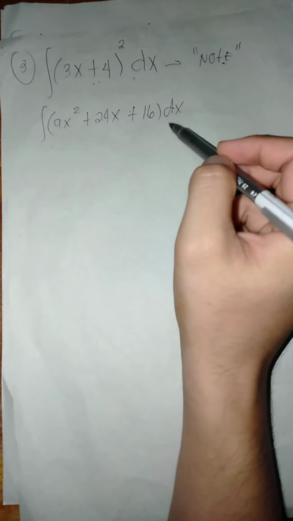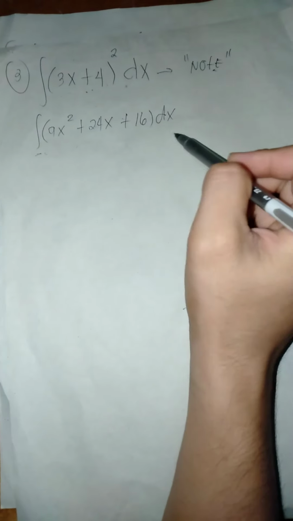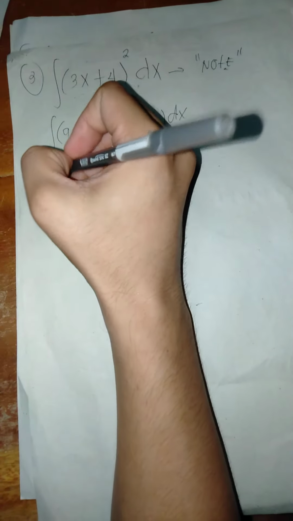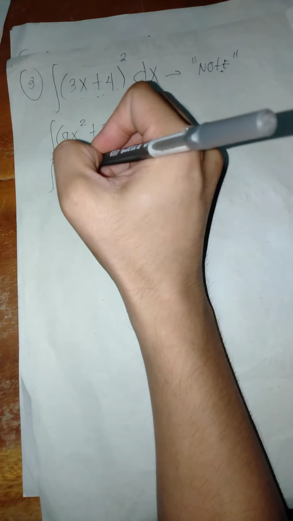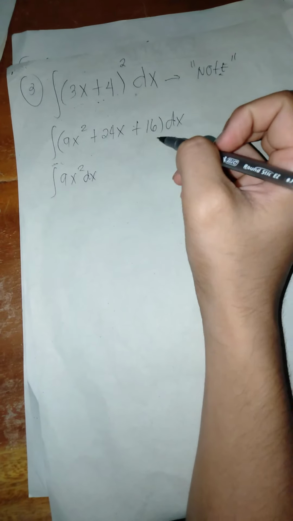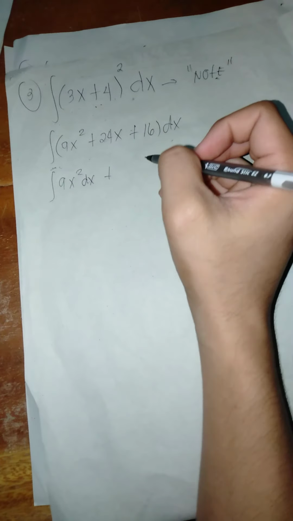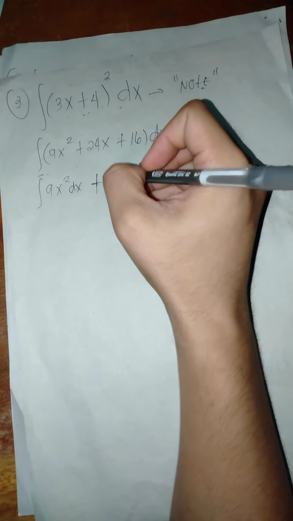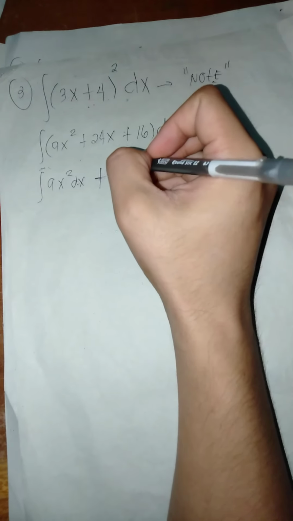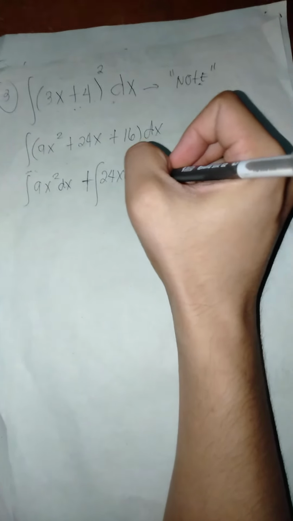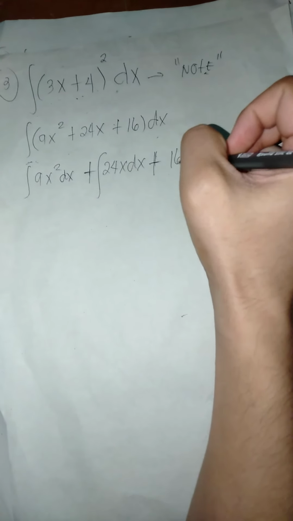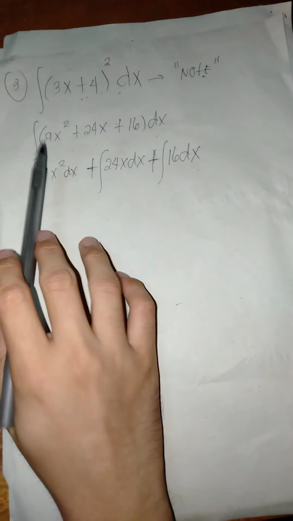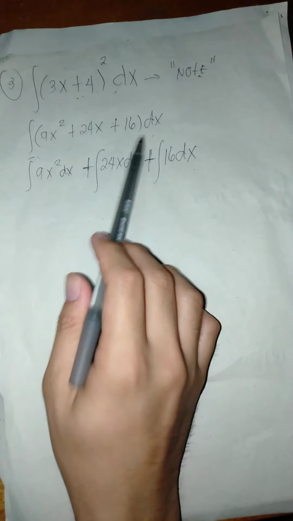So, by distributing the integral sign and dx, magiging integral of 9x squared dx plus integral of 24x dx plus integral of 16 dx. So, clear? Dinistribute natin yung integral sign and the dx.